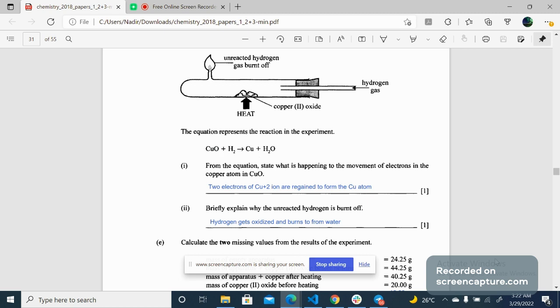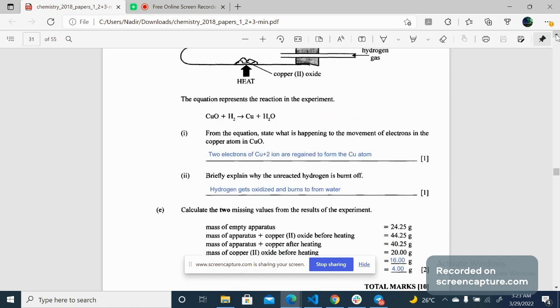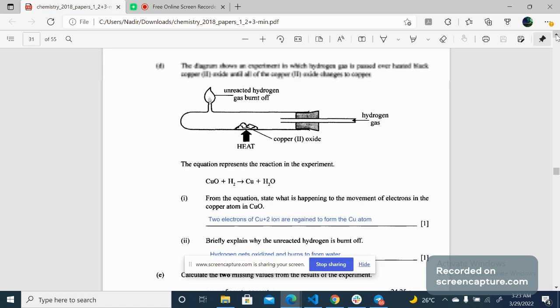And the part 2 is also linked with this equation, and the question is why this unreacted hydrogen is getting burnt.